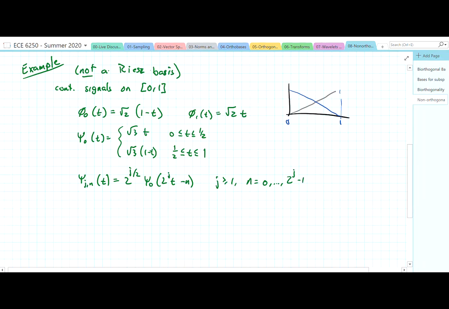Okay, so this function is going to look like that. And then the scaled versions are going to be something like this. So here we have our psi of 1 comma n, t being these colored ones. And 2 comma n, we're just going to be packing more and more triangles next to each other, these little hat functions.